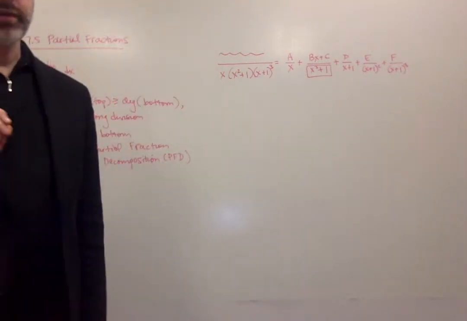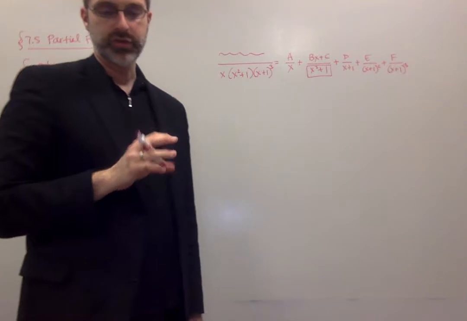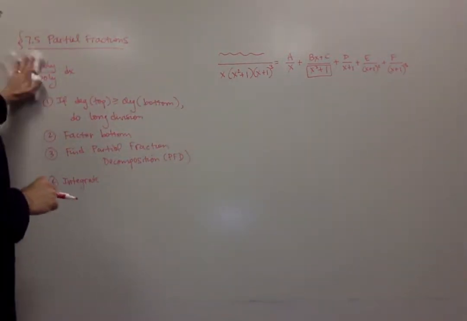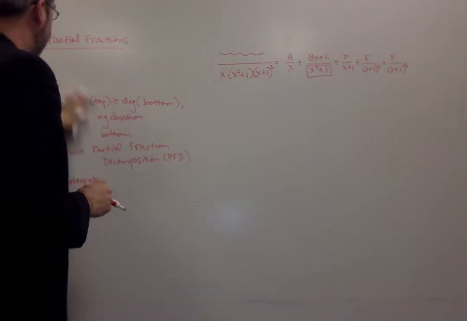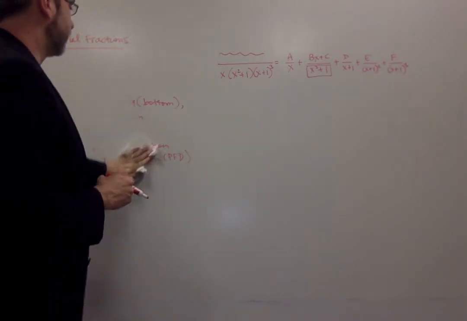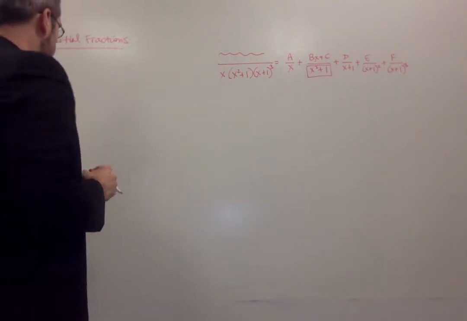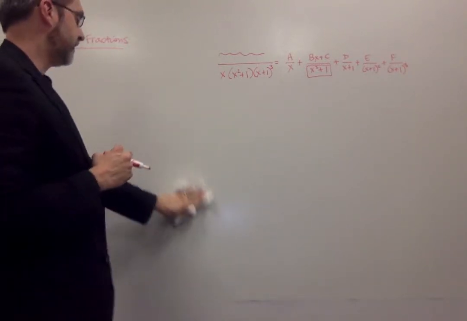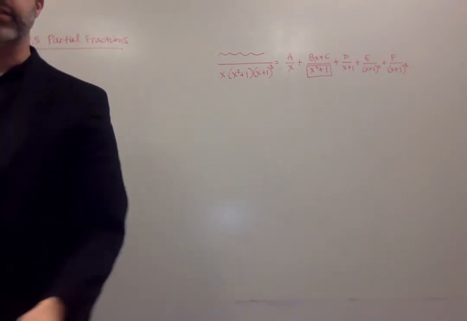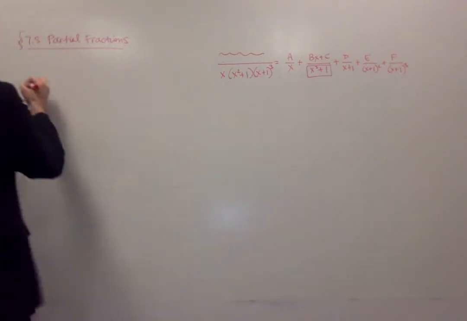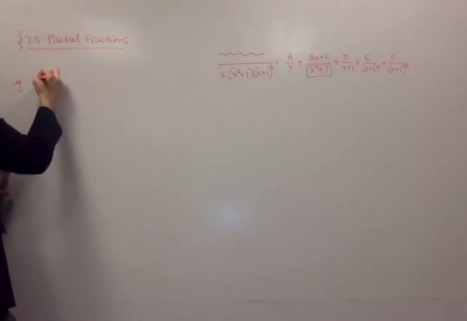So we're just going to do two examples here, and that will be it for today, again, because we've got a shortened time period. And when you get quadratics in there, the number of coefficients can get larger, as you can imagine.